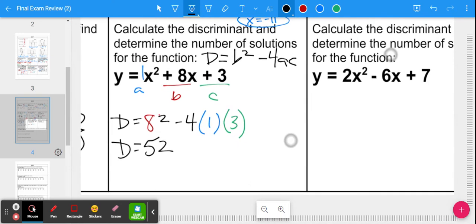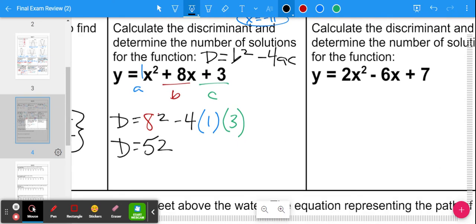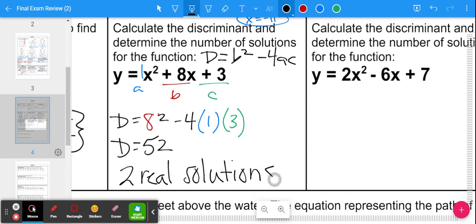Remember, a discriminant that is above 0 means it has two real solutions. So above 0 is 2, below 0 is none, and equal to 0 is 1.